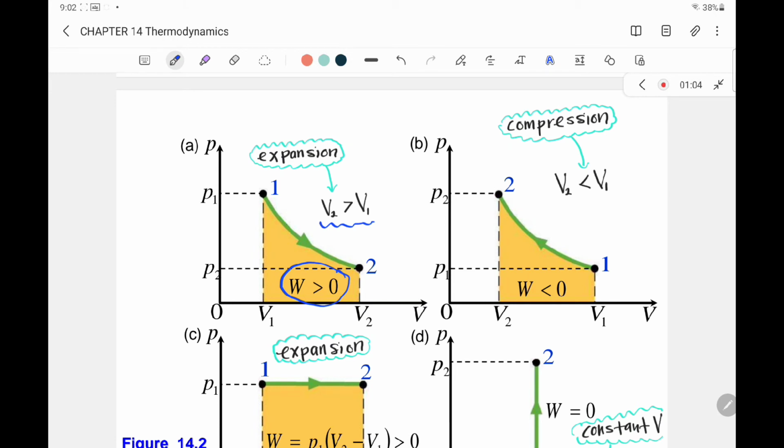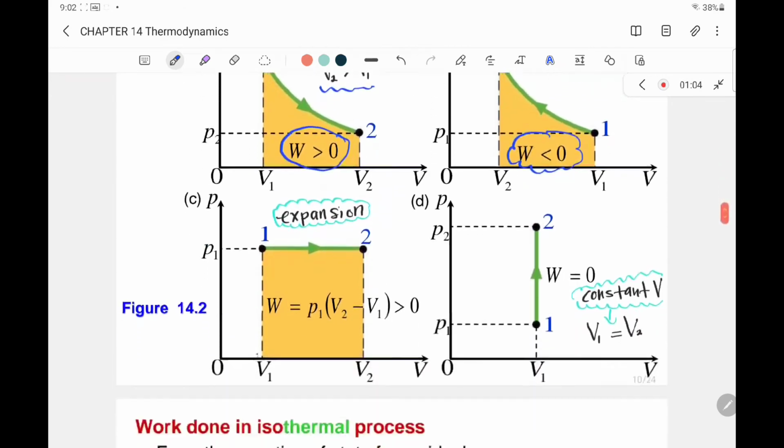Graph B is the compression of gas. Final volume is less than initial volume. So work done is less than 0. The work done is negative.